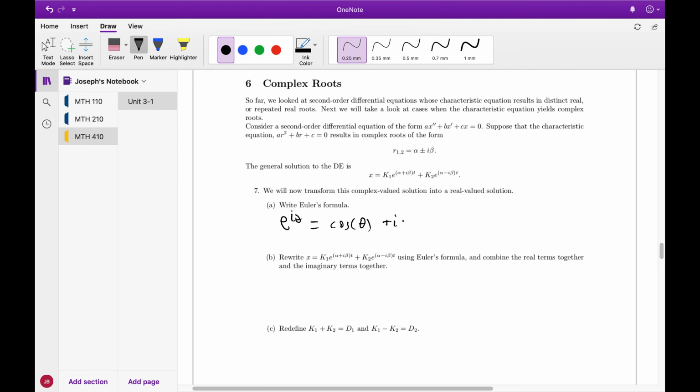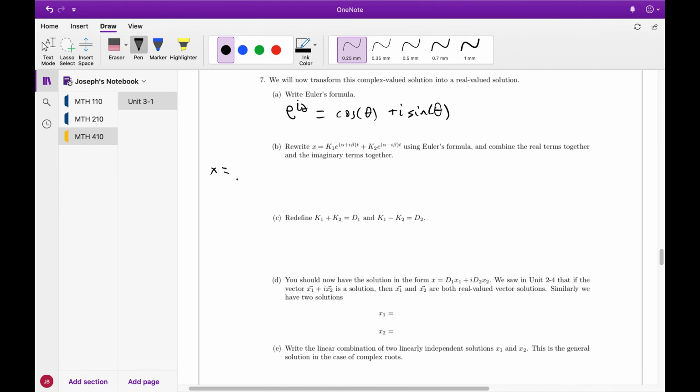plus i sine theta. And so now what that allows us to do is to rewrite x in terms of sines and cosines. So what we're going to get here is x equals k1 e to the alpha t times cos beta t plus i sine beta t plus k2 e to the alpha t.